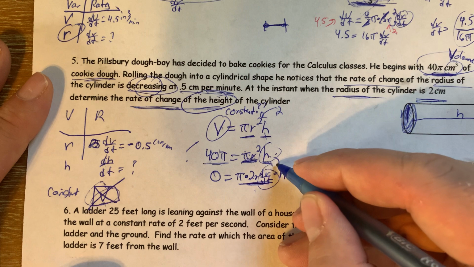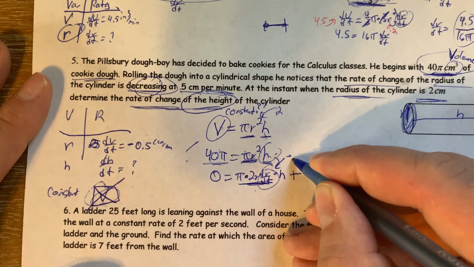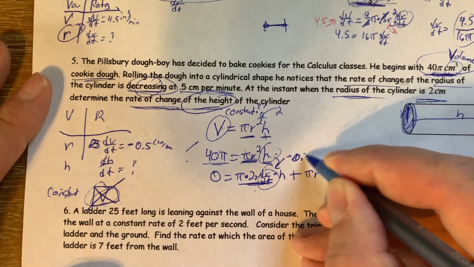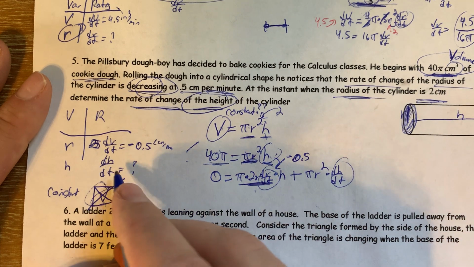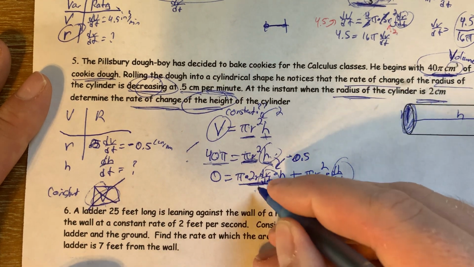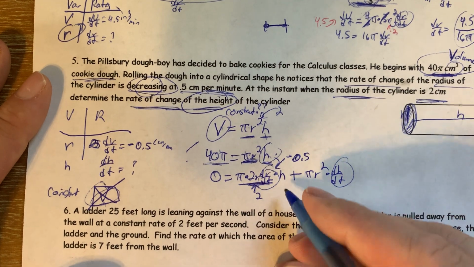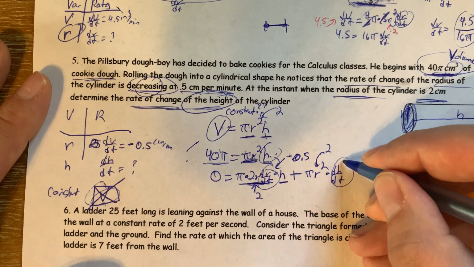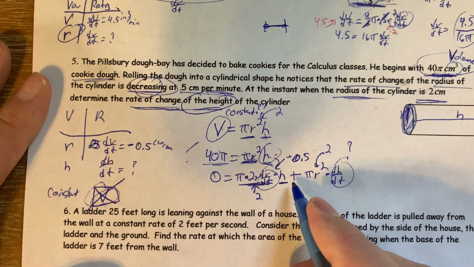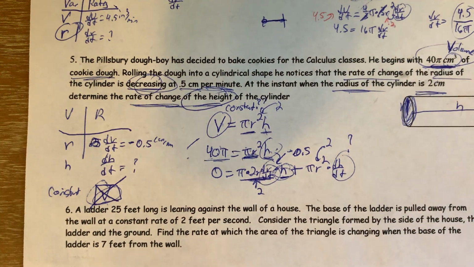So dr dt is negative 0.5 when r is 2. Now h we don't have, but r is 2 here, and dh dt is what we're looking for. So we need to find what h is. So how do we do that?